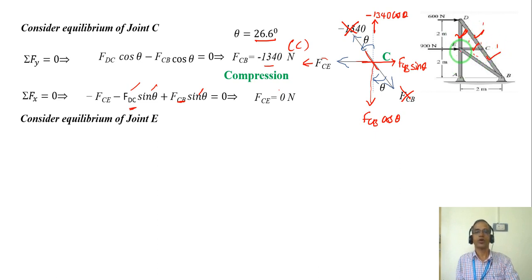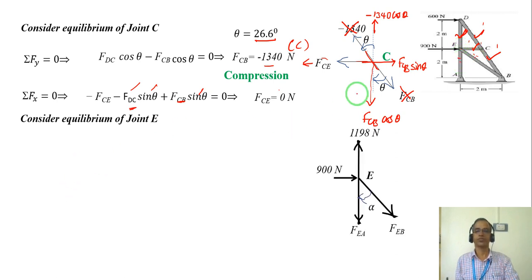So I can go to joint E. I can find out these two forces. So I know this vertical ED tension, which is 1198, and 900, because what I have to do now, this joint, I have to cut it here. I am cutting a joint. So the joint has a member vertical, member horizontal, member inclined, member vertical.